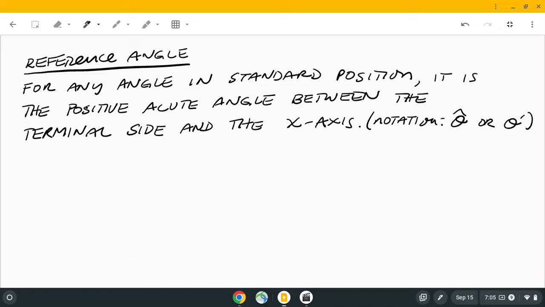So here, when it says that it's the positive acute angle, you can't just read that part without reading the rest of it. So it is the positive acute angle between the terminal side and the x-axis. One thing you have to know about reference angles, they are always acute.